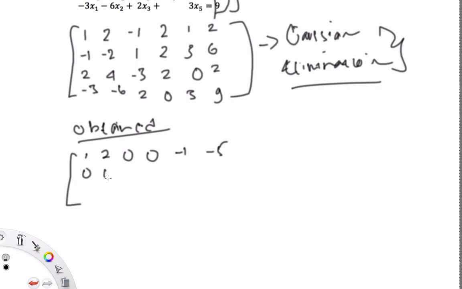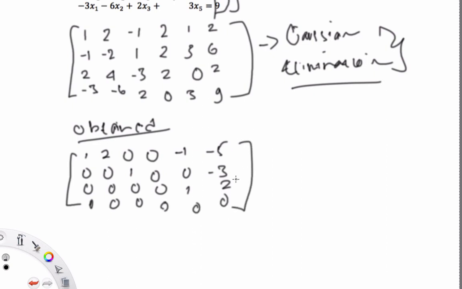Then 0, 0, 1, 0, 0, minus 3, 0, 0, 0, 0, 1, and 2, and the last row is all 0. Okay, this is the result that we obtain after we calculate using Gaussian elimination.